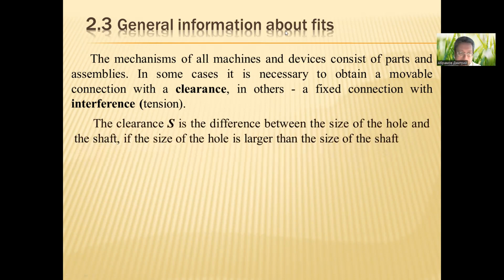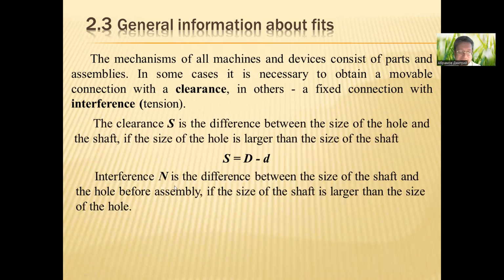The clearance, big S, is the difference between the size of the hole and the shaft if the size of the hole is larger than the size of the shaft. And S is equal to the diameter of the hole minus the diameter of the shaft.